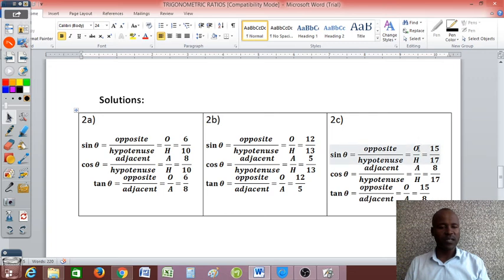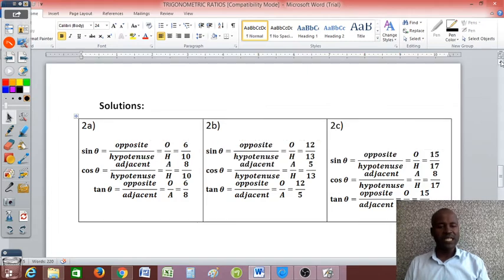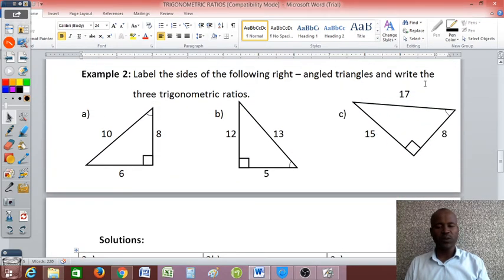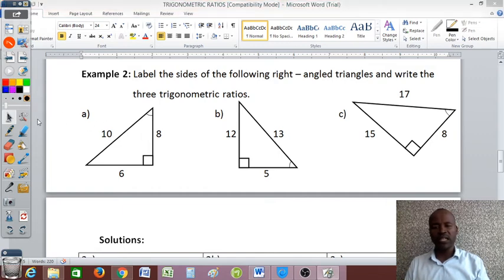What is the opposite here? 15 units. The adjacent is 8 units. So tan of theta for that given angle can be defined as 15 divided by 8.